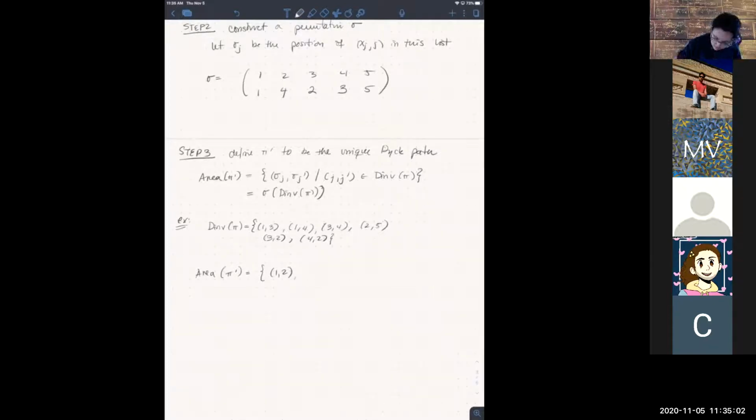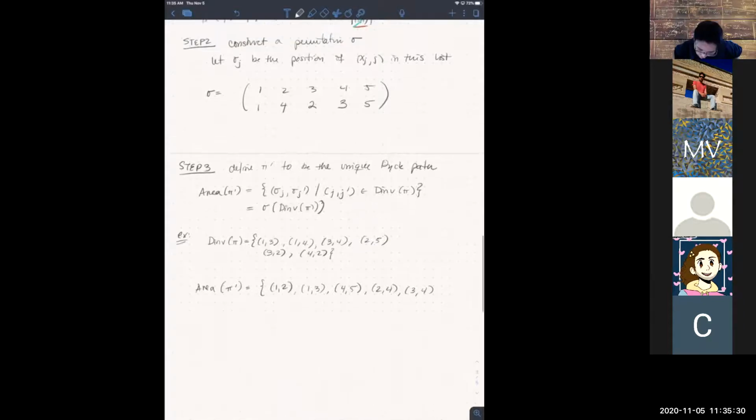So do check me. I'm at this point just copying what I had in my notes, but there's probably a mistake. So please do check me. I think I'm missing one, because I should have the same number. So which one am I short? All right, so 1, 3 is 1, 2. 1, 4 is 1, 3. 3, 4 is 2, 5, which I apparently don't have.